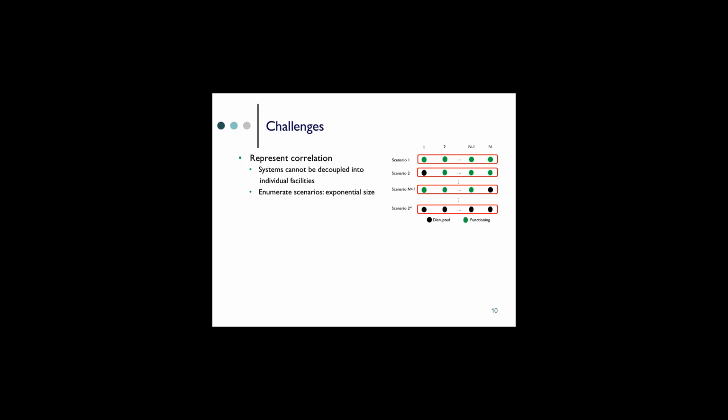The total number of possible scenarios is 2 to the power of n, which is a huge number when n is relatively large. So this means usually it's impossible to simply enumerate all these scenarios.